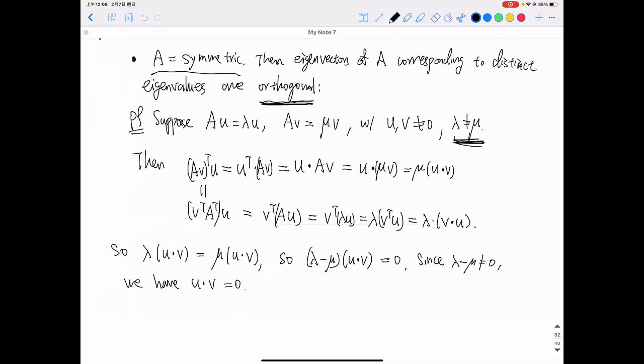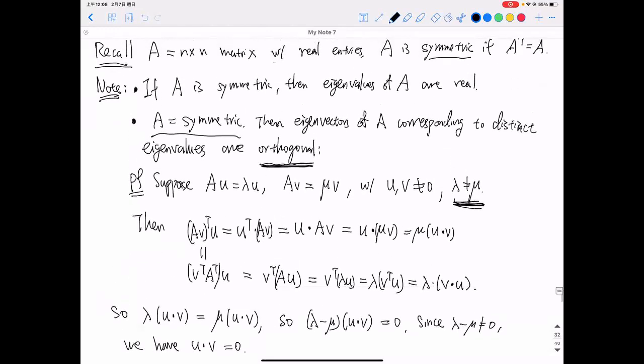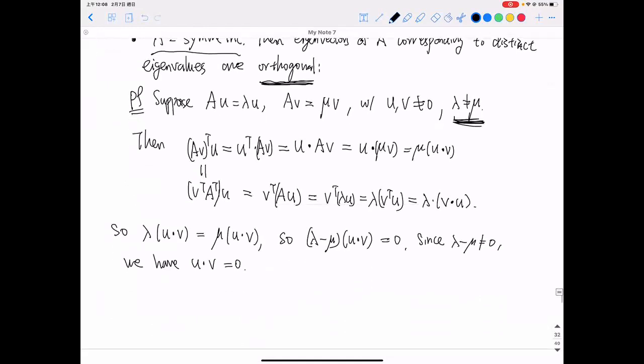if we are looking for, let's write this down.